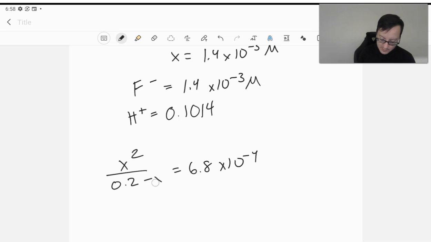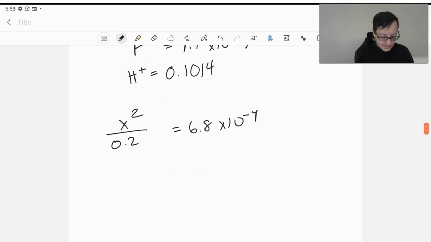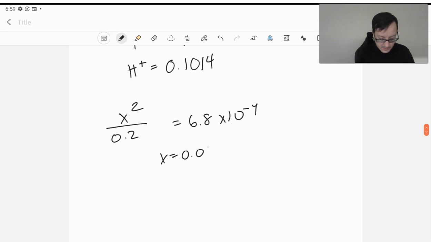Again, getting rid of that term, you multiply both sides by 0.2, and then we have to square root it. So, calculator here, just for fun. Square root this number, and we get X is 0.01166.